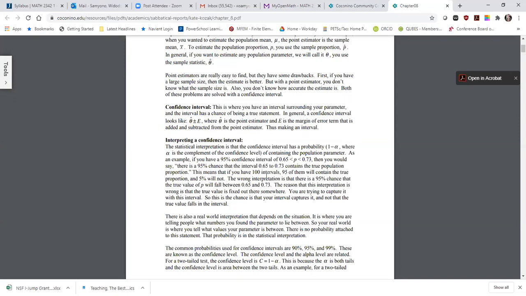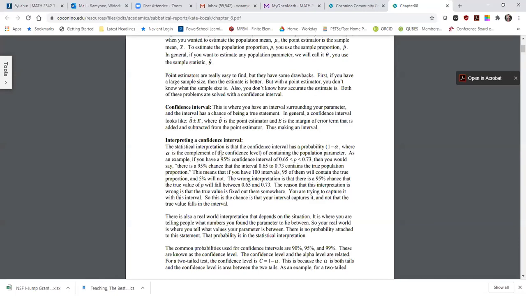Also you need to know how to interpret a confidence interval. In the statistical interpretation, the confidence interval has a probability of 1 minus alpha, where alpha is the complement of the confidence level, of containing the population parameter, right? Okay.